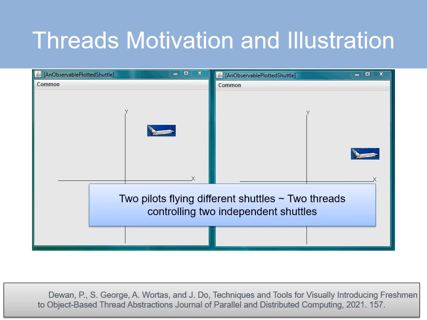We're simulating the physical world, and in this example the real situation is two pilots flying different planes or shuttles, so the simulation has two different threads controlling the two shuttles. Let me just play the video to show you what's going on. So the fact that they're flying together is an indication that two threads are working together.